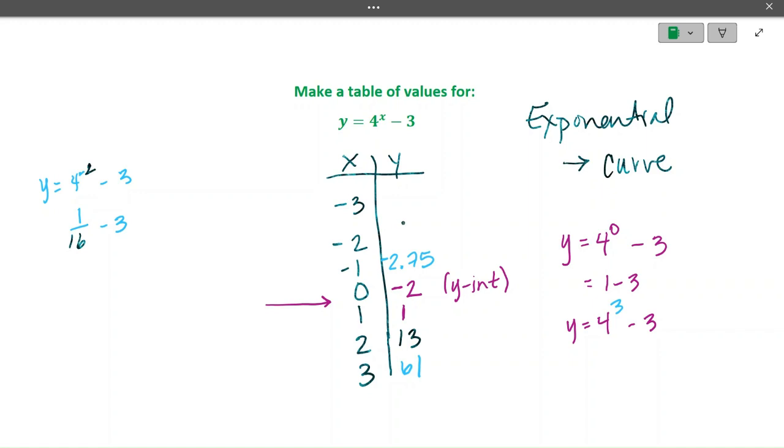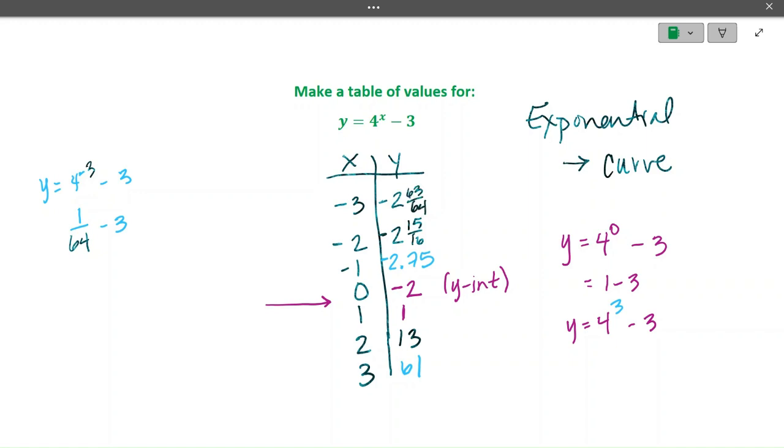So this is going to be negative 2 and 15/16. You could put this in your calculator and get the answer out. And then we'll do this one more time with negative 3. And then we end up with negative 2 and 63/64.